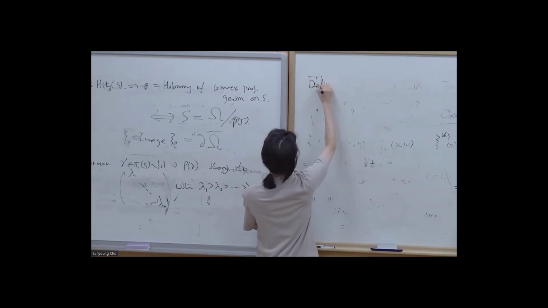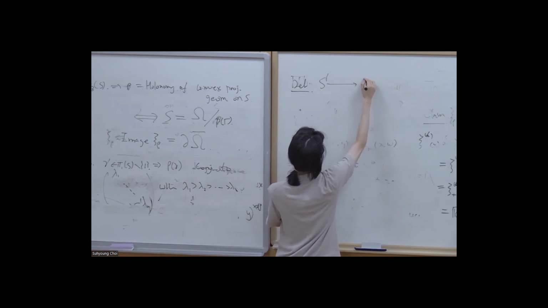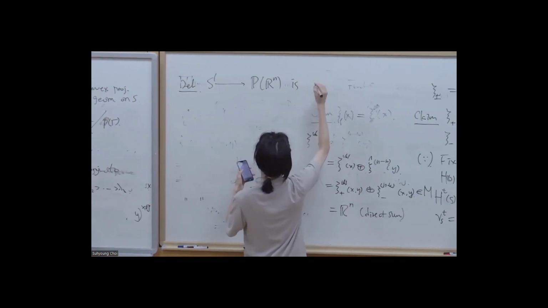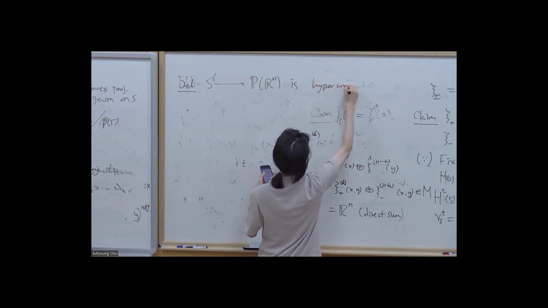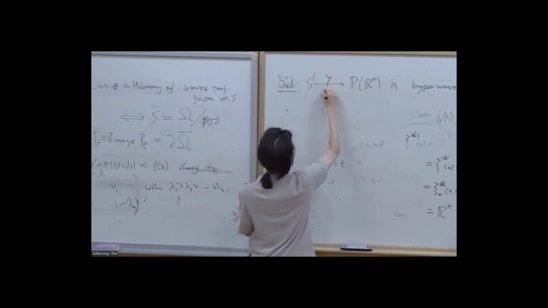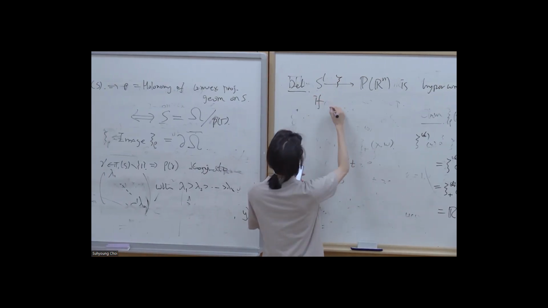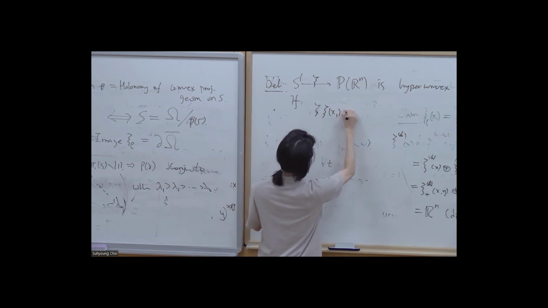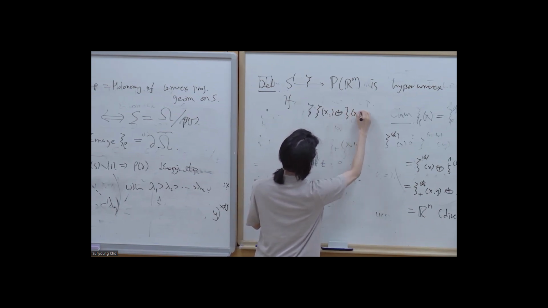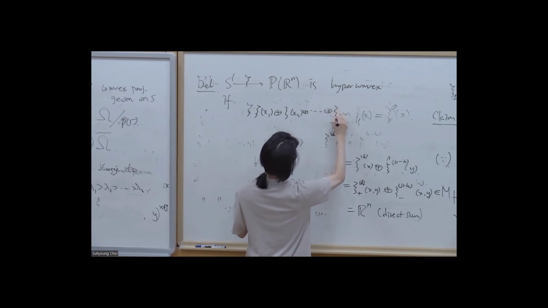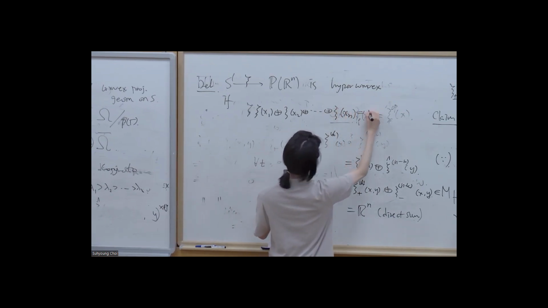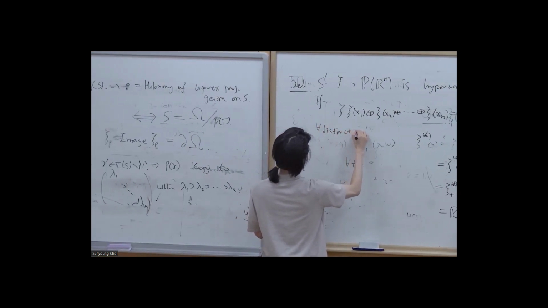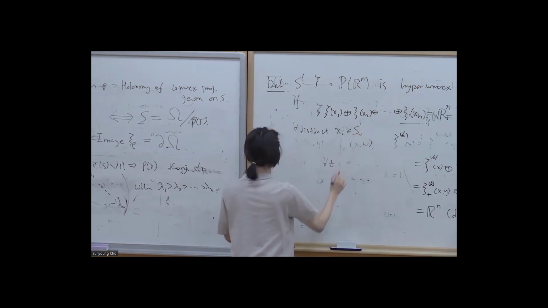A map from the circle to projective space of R^n is Frenet, I mean, not Frenet, hyperconvex, if for all distinct x_i, C(x_1) direct sum C(x_2) up to C(x_n) is the direct sum giving you the whole space R^n. That's the Frenet curve, I mean, hyperconvex curve.